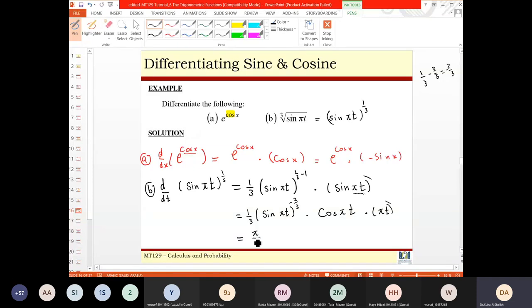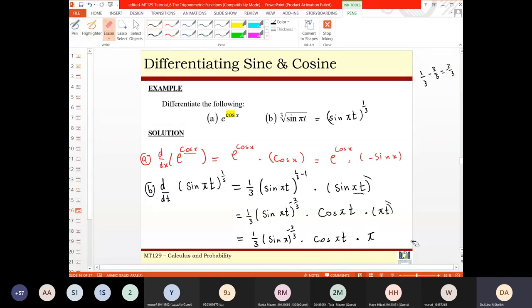So pi over 3, I can write the pi here, or let me just write it as it is. I don't want to confuse you. This will be third, sine pi t to the power minus 2/3, cosine of pi t, and the derivative of this one will be pi. And this is the derivative.